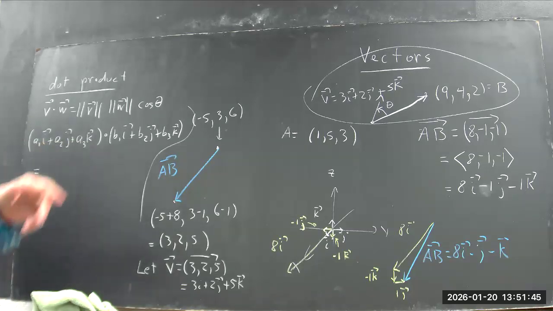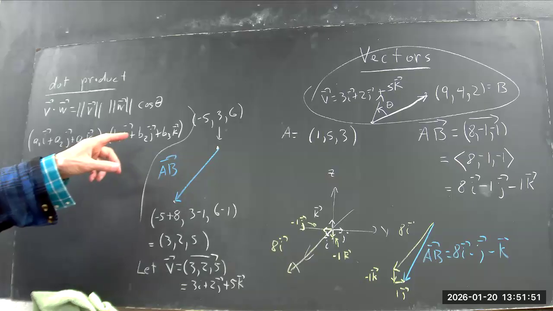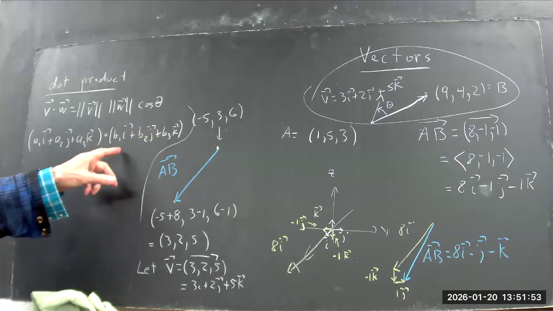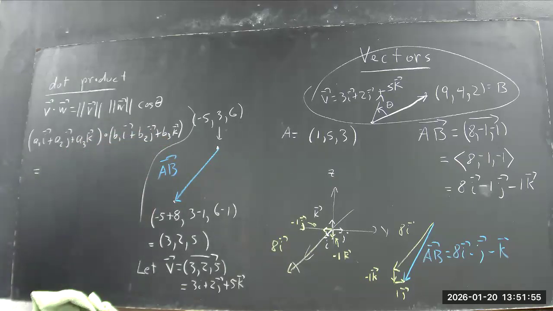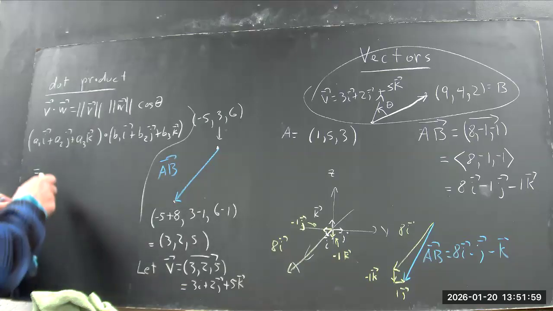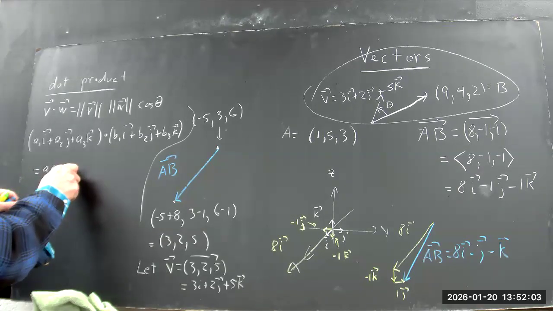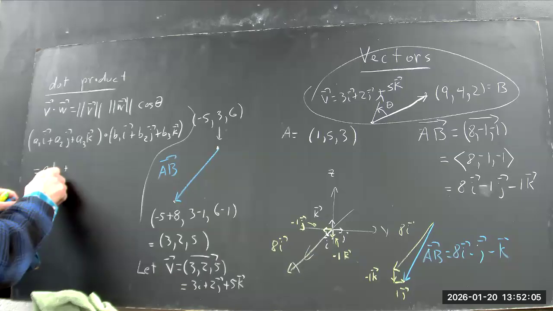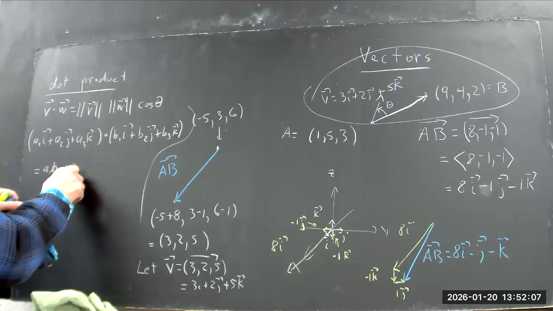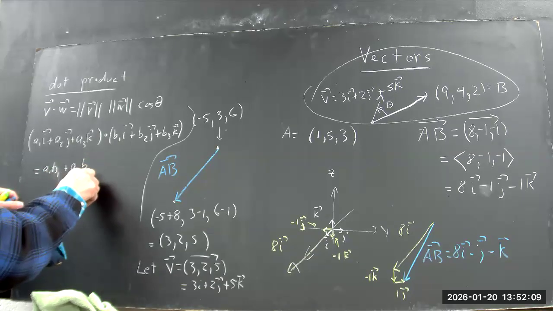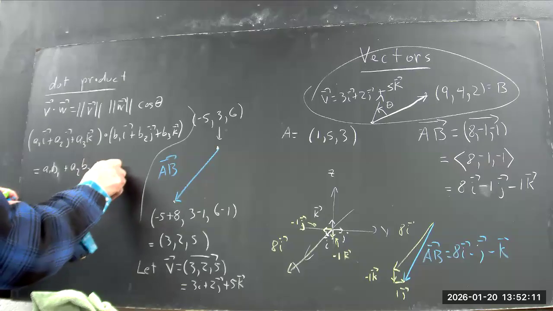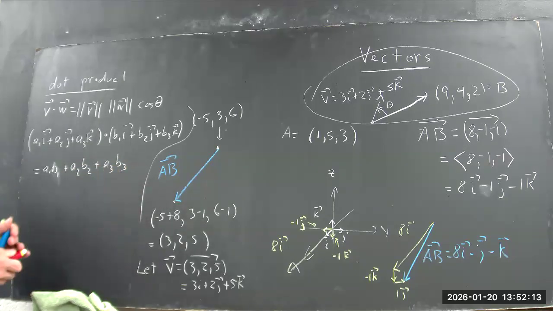Just let A1, A2, and A3 be the I, J, and K components of the one vector, and B1, B2, and B3 the I, J, and K components of the other vector. The dot product is A1B1 plus A2B2 plus A3B3.